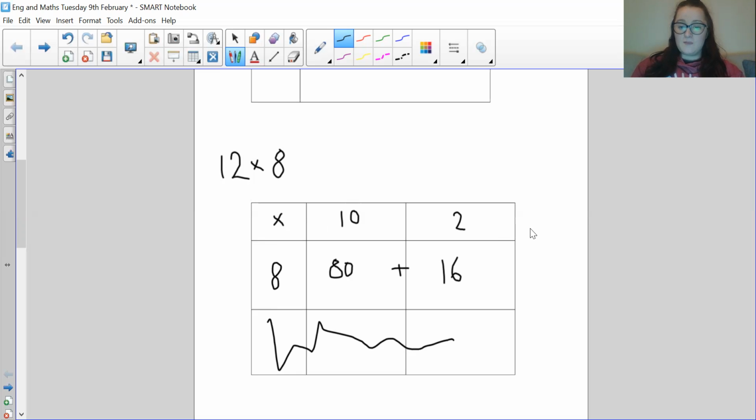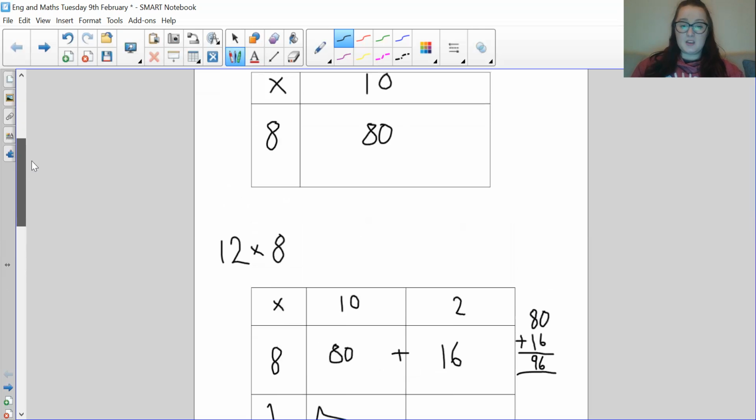I'm trying my best to make sure that they're in my place value columns. So I've got 80, and I'm going to add 16. And then I'm going to work it out. So I've got 0 add 6. Well, 0 add 6 is 6, isn't it? And then 80 add 10 is 90. So my answer is 96.